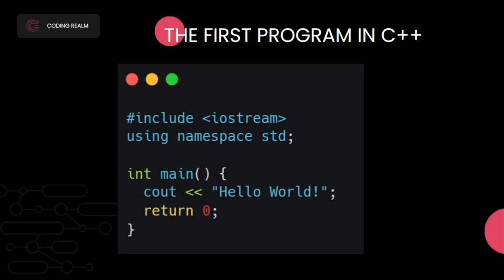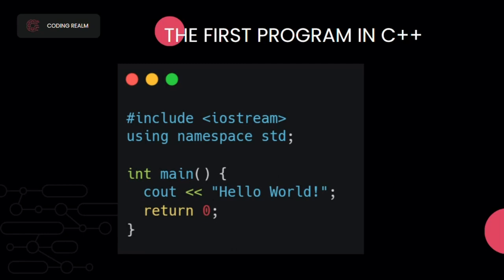First of all, every C++ program will start with these 3 lines: hashtag include iostream, using namespace std, and int main. And I open the braces to write our code. In this code, I need to print hello world on the screen. I used cout because it's the output stream, and the output stream is used to print or display the message on the screen. Cout, hello world, and the return 0.